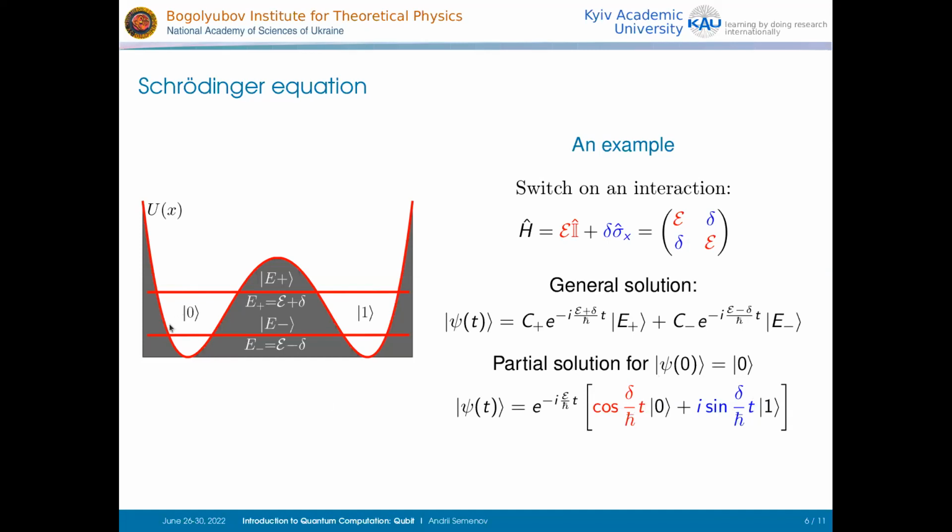After that, we switch on, for example, some interaction, two levels appear, and this evolves like this. So at some moment of time we have a superposition, and you may even fix some time here and get some gate, some unitary evolution from 0 to get a superposition of 0 and 1. Interesting story, interesting question.